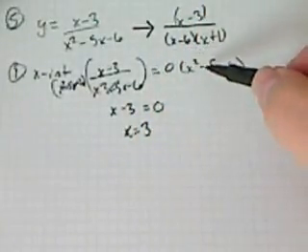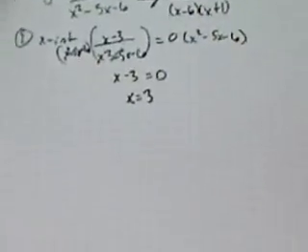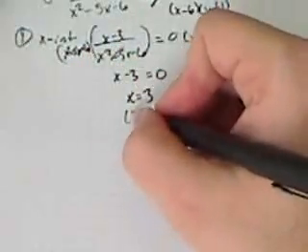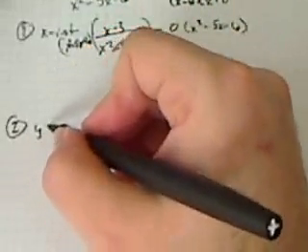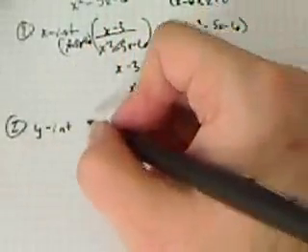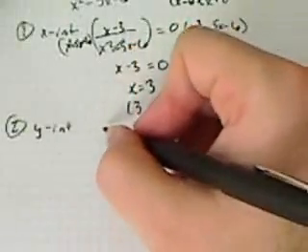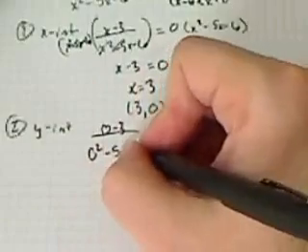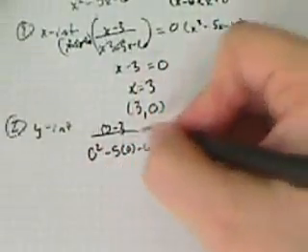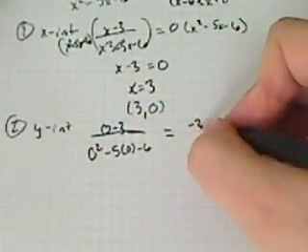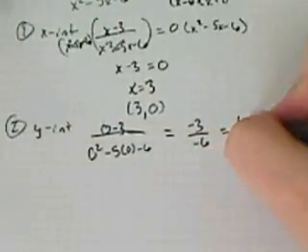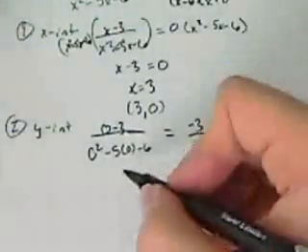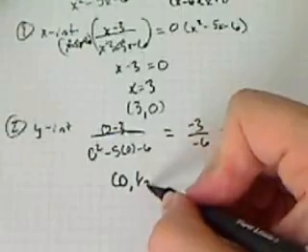That's going to be in the domain, so that's our x-intercept at (3, 0). Okay, y-intercept. We substitute 0 for x, so we have 0 minus 3 over 0 squared minus 5 times 0 minus 6. That leaves us with negative 3 divided by negative 6, or positive 1/2. So our y-intercept is (0, 1/2).